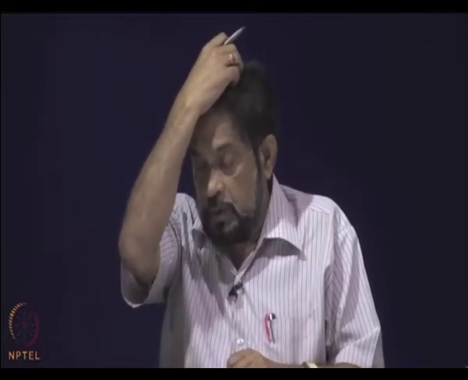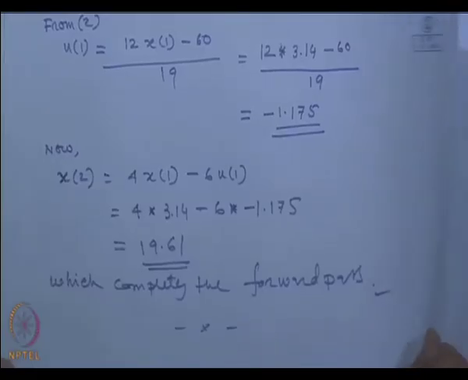Then from J 1 to J 0 we found out by proper selection, in other words an optimal selection, of u of 0. Once you completed the backward pass, then we have to do the forward pass, which completes this way, finding out x 1, x 2, then u 1, then x 2. In this way we found it. So, this is the complete solution of the problem which we have discussed last class.